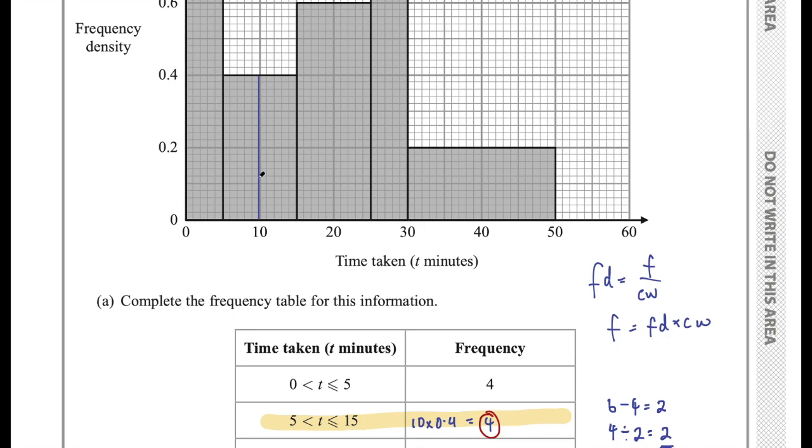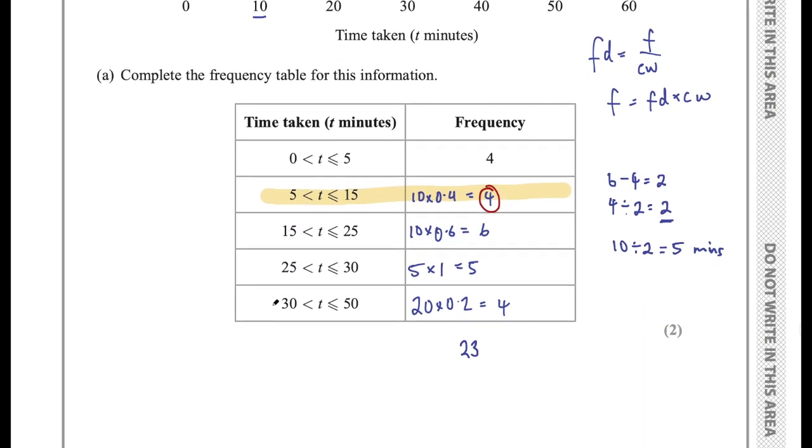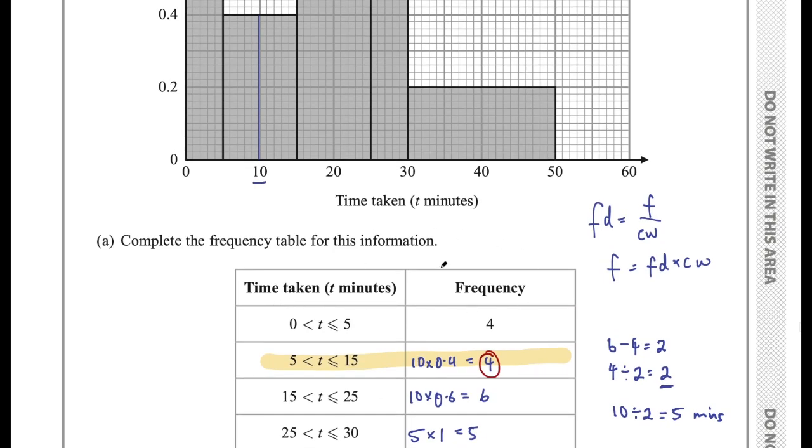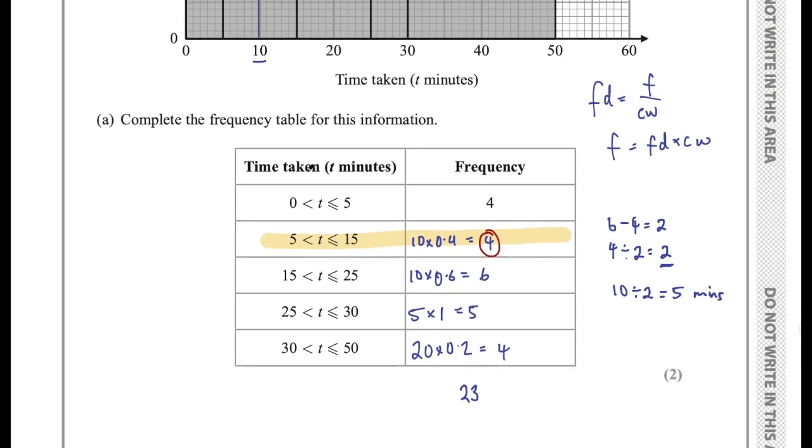What time are we at now? We're at 10 minutes, and that's your answer. However you want to do that, either using the frequency table or the histogram is fine, but you should end up with a final answer of 10 minutes.